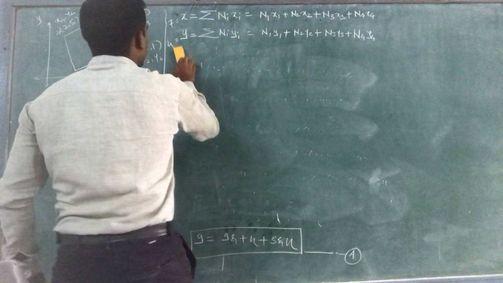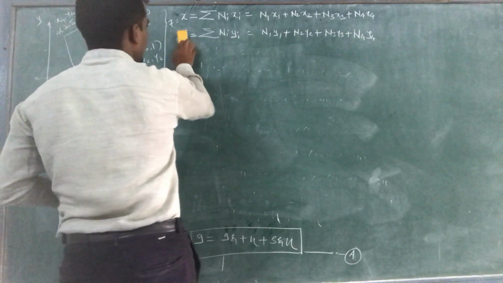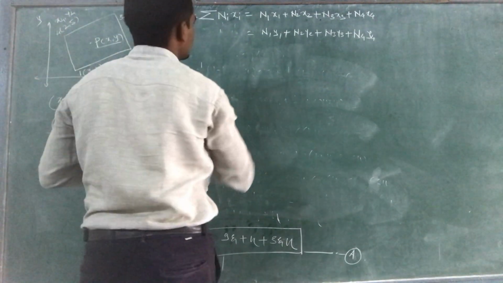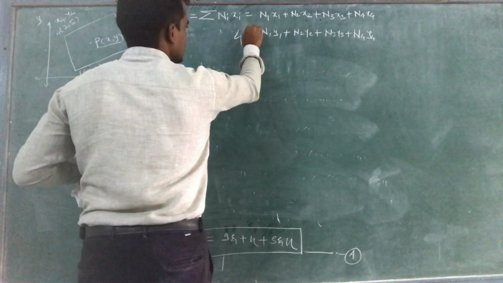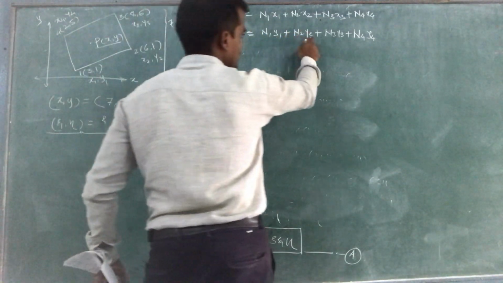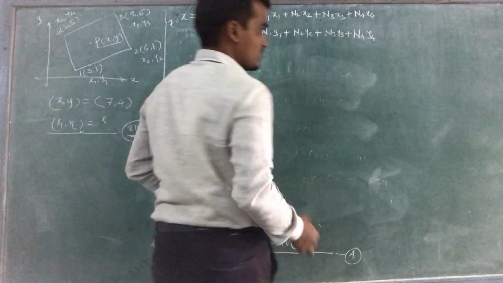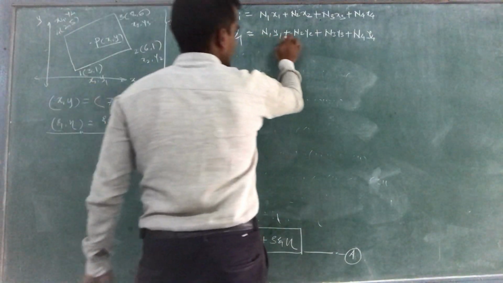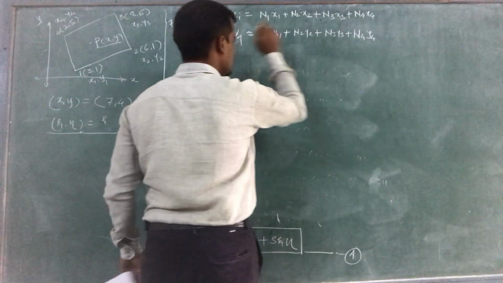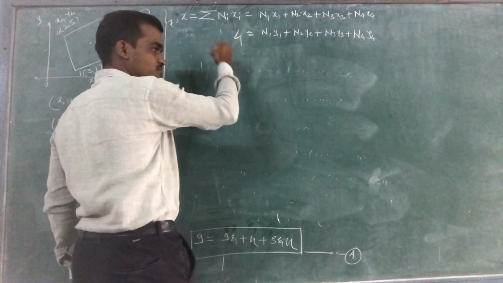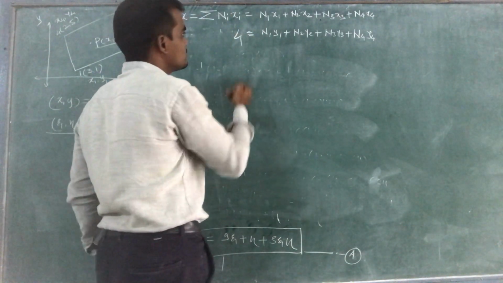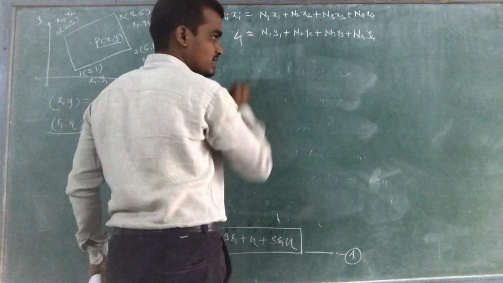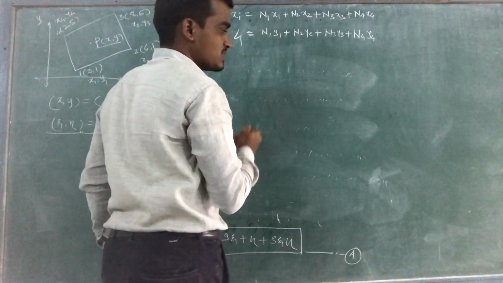Okay, now if we put the y values into this equation, meaning y is equal to 4 is equal to n1 y1 plus n2 y2 plus n3 y3 plus n4 y4. Similarly, if we put the values of n1, n2, n3 and n4 into this equation and simplify, in the same way we simplified the first equation, you will get another algebraic equation.